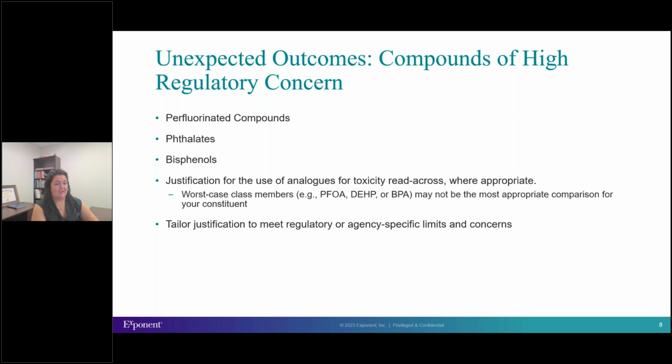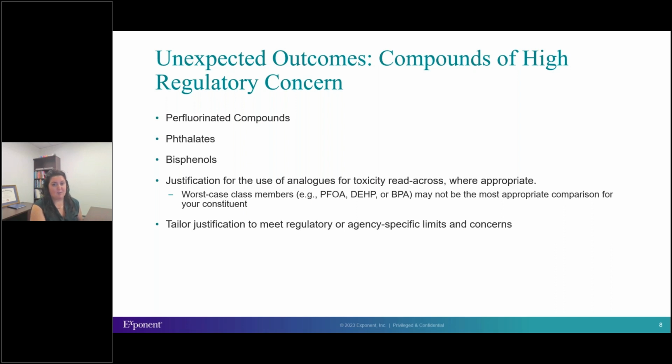The acceptance of this justification is incredibly important for the acceptance of your TRA, especially because regulatory agencies like FDA, MDR, or Health Canada can rely on different acceptable exposure limits for the same chemical or chemical class, especially for those worst case class members. And so choosing the correct surrogate can make a lot of difference across agencies in whether or not your TRA will be considered acceptable.